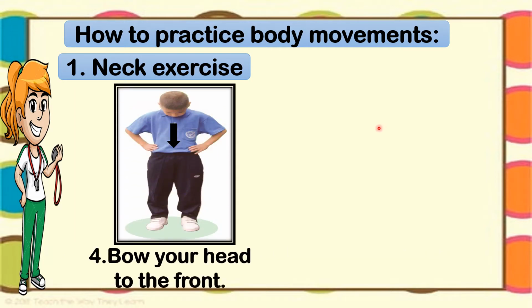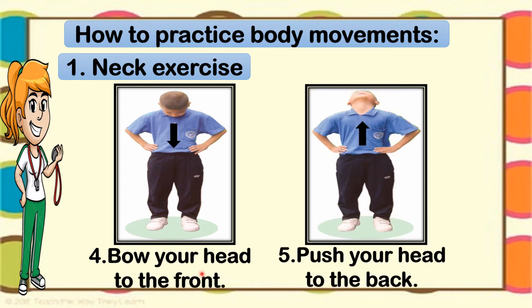The next step, number 4, you can bow your head to the front. And the last thing that you can do when you are doing neck exercise is push your head to the back.